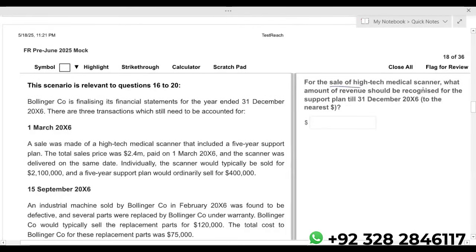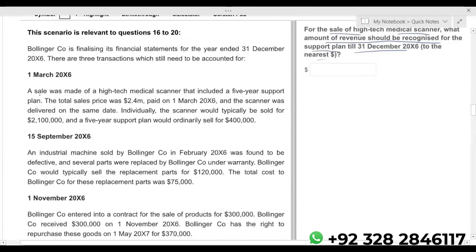For the sale of a high-tech medical scanner, what amount of revenue should be recognized for the support plan till December X6, to the nearest dollar? Okay. A sale was made for a high-tech medical scanner that includes a 5-year support plan.